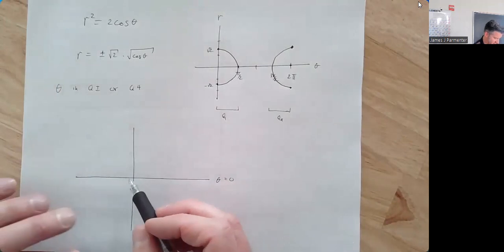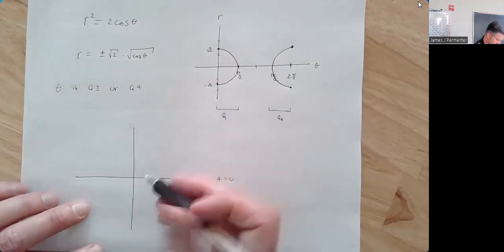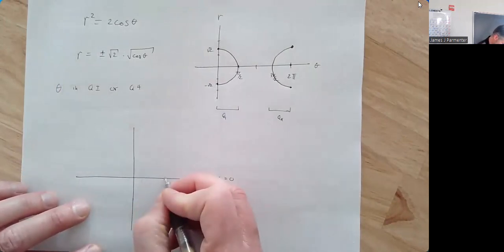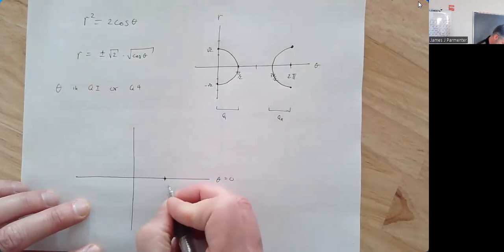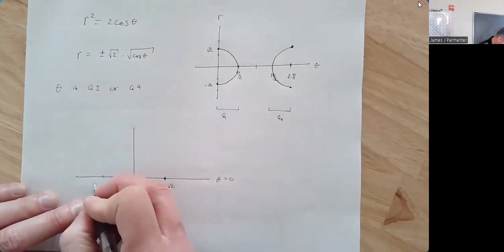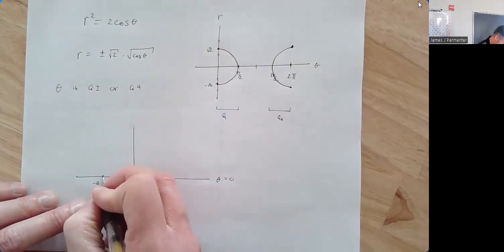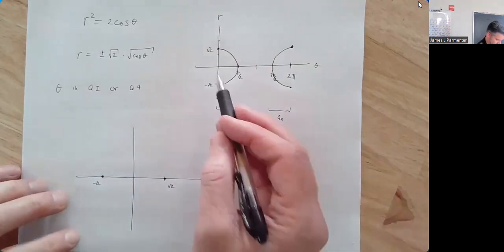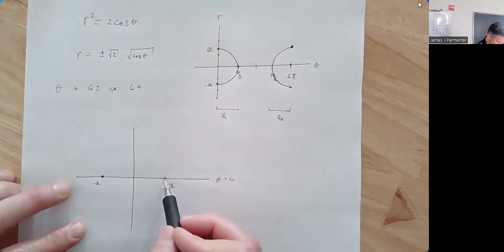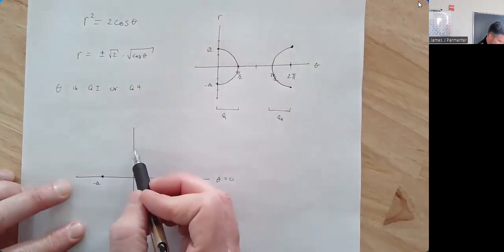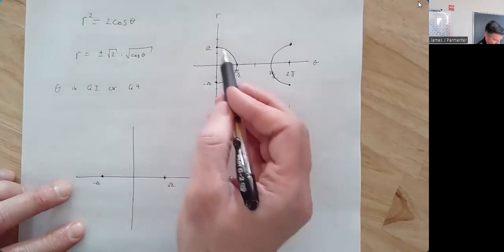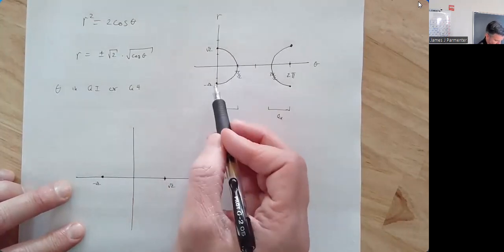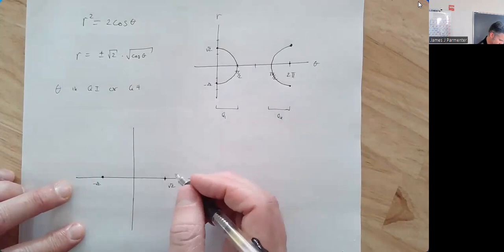So when I start at theta equals 0, my radius can either be positive root 2 or negative root 2. And then as theta gets closer and closer to pi over 2, so as I move in this direction, my values either get closer to 0 this way or closer to 0 this way.